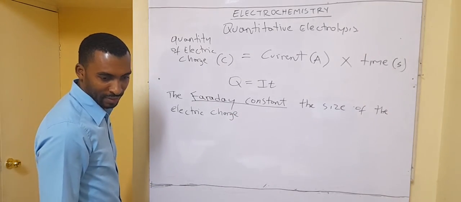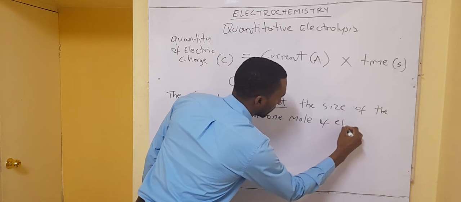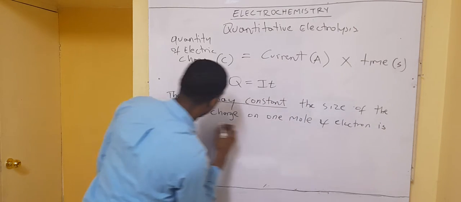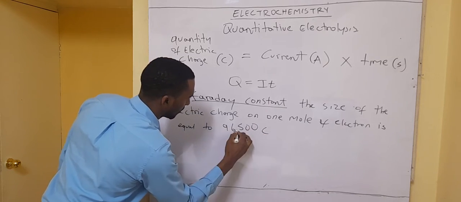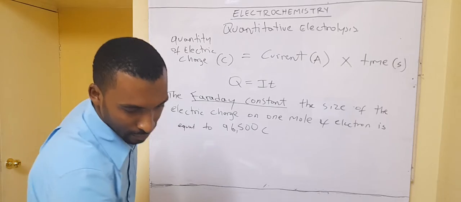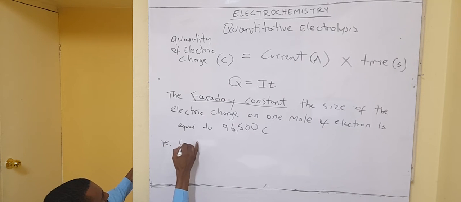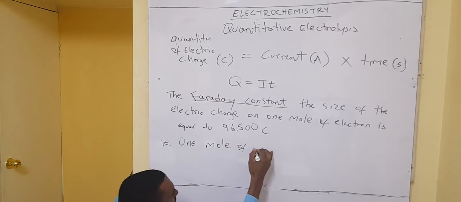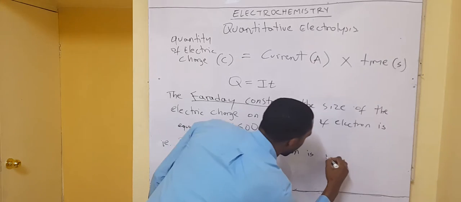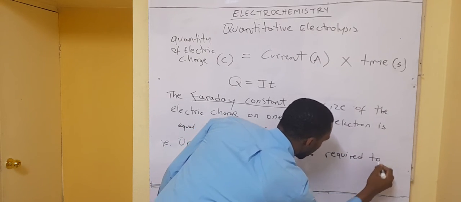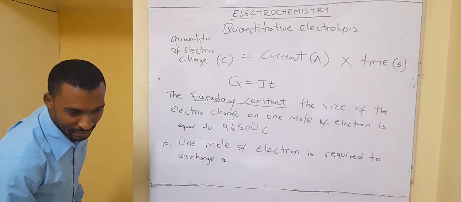And 1 mole of electron is equal to 96,500 coulombs. So that is 1 mole of electron to discharge an ion with a single charge, alright?